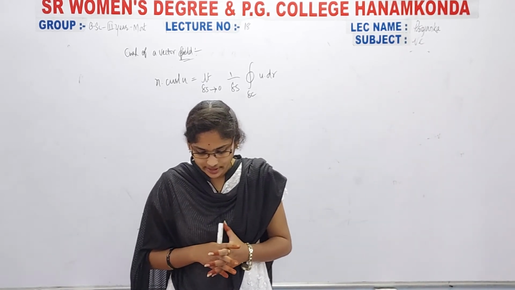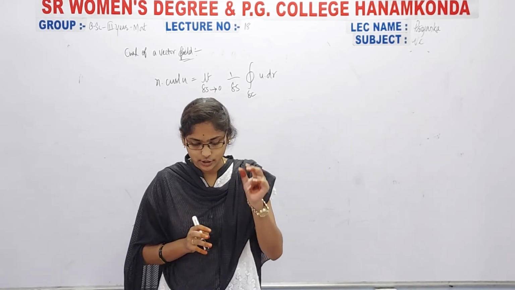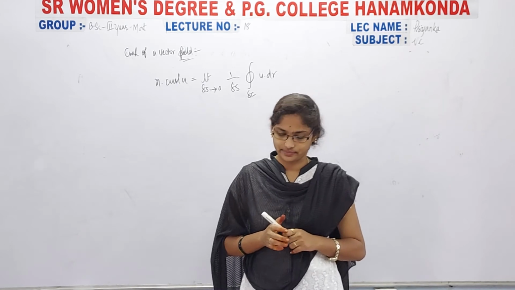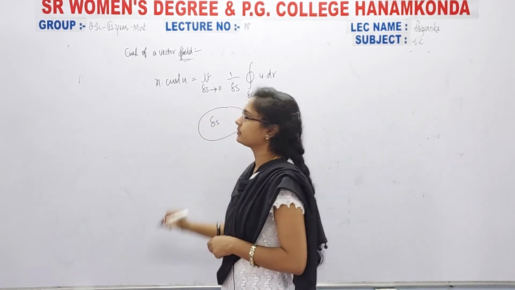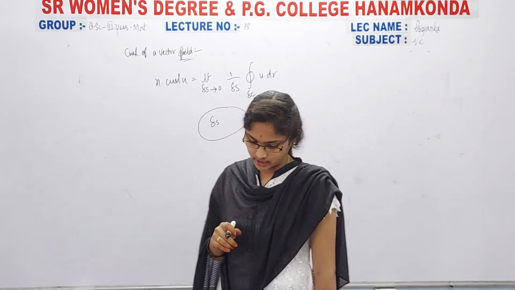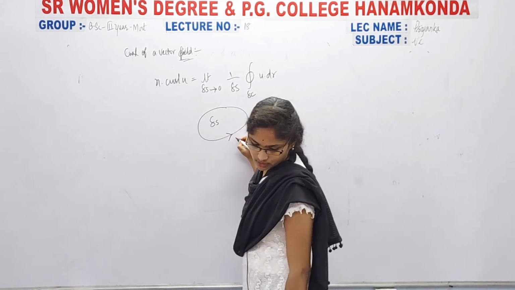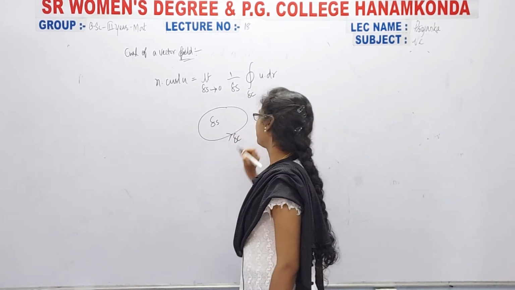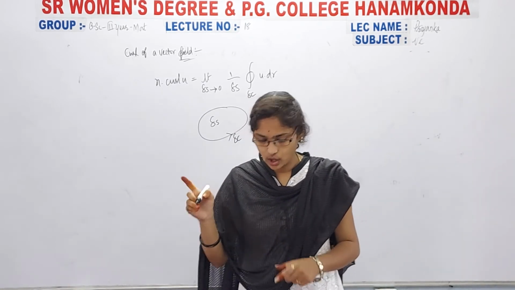Or write down, the curl of a vector field: the small surface delta s is enclosed by the curve delta c and has the unit normal vector n.